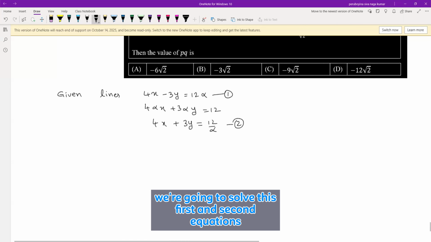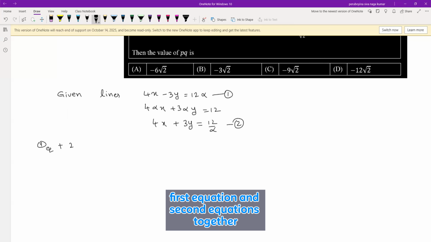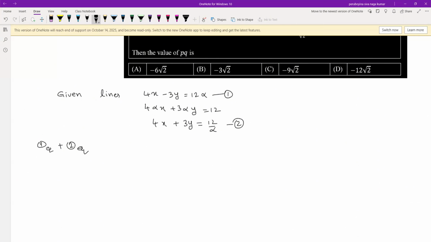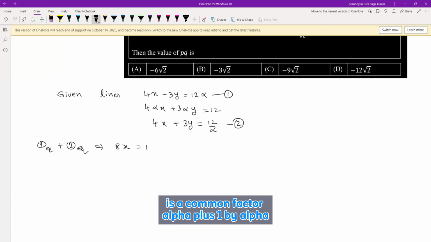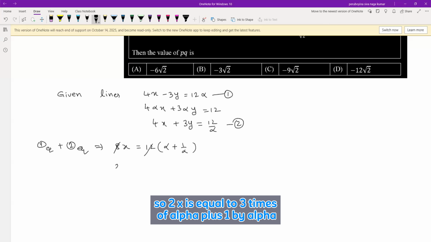Now we are going to solve the first and second equations. I'm adding the first and second equations together. Then I got 8x equals 12 as a common factor times alpha plus 1 by alpha. 12 and 8 get cancelled, so 2x equals 3 times alpha plus 1 by alpha.